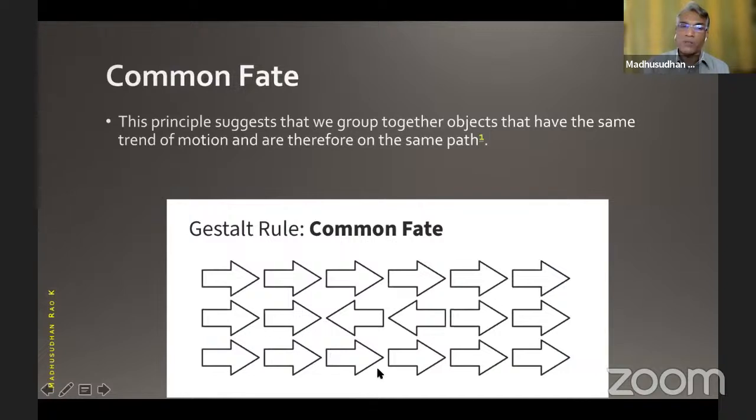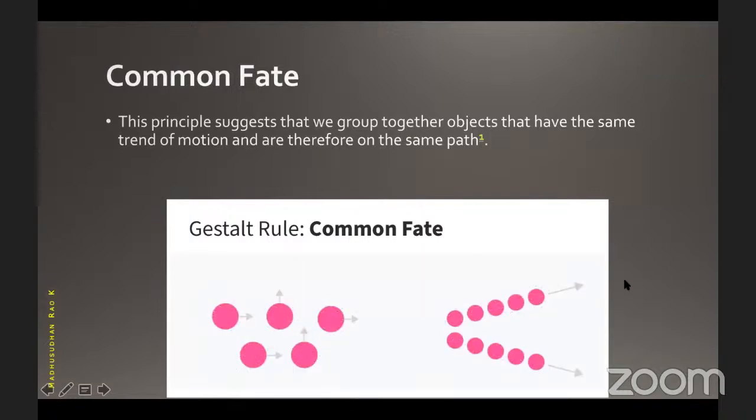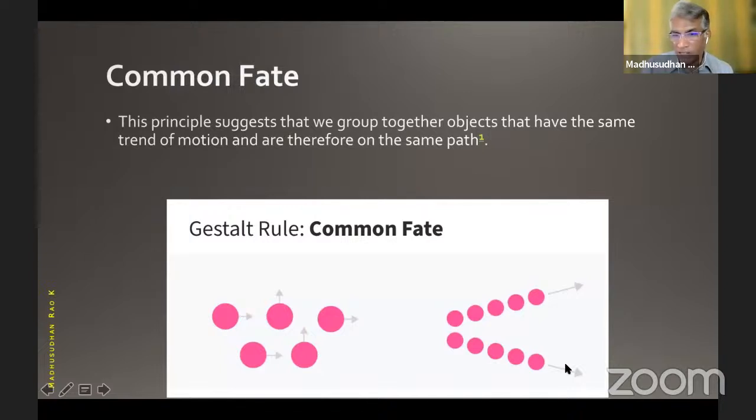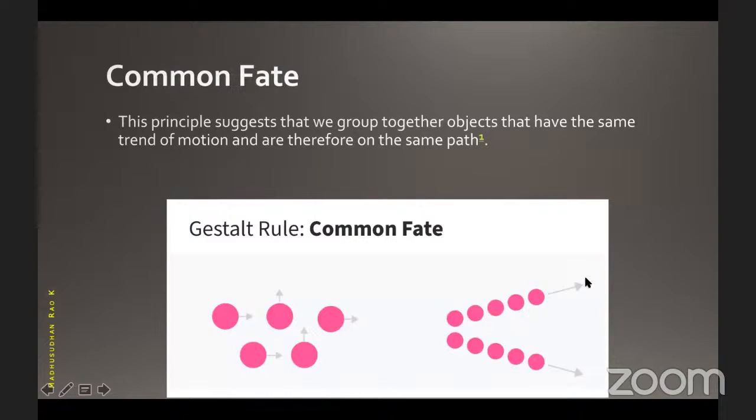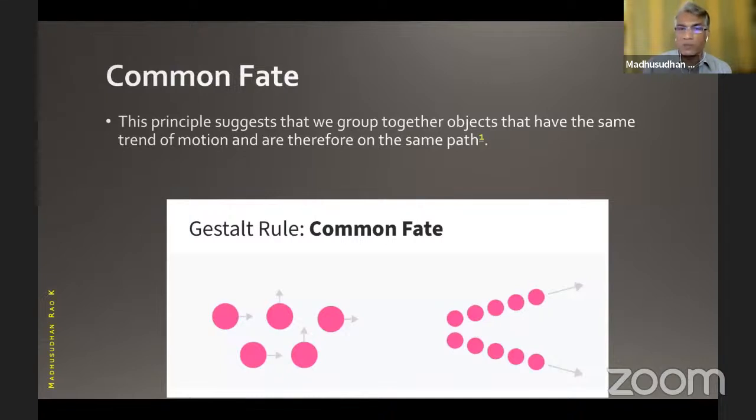Now both sides are opposite paths. Because we have kept some arrows, here you are not able to identify common fate. But in this one you can feel that they are moving along in the same direction, right? Yes, this is common fate. Generally, we see it when birds are moving.